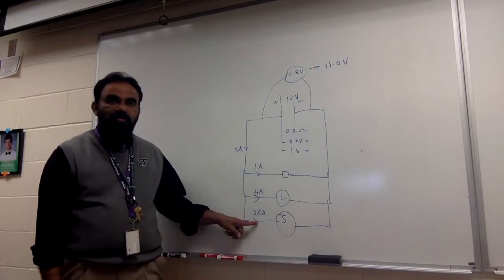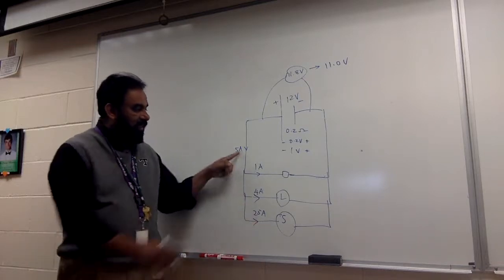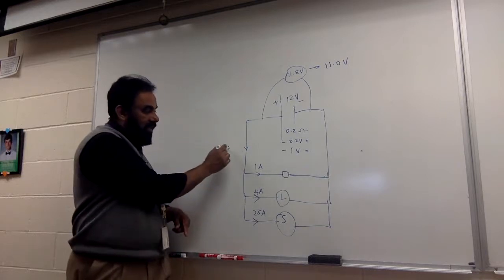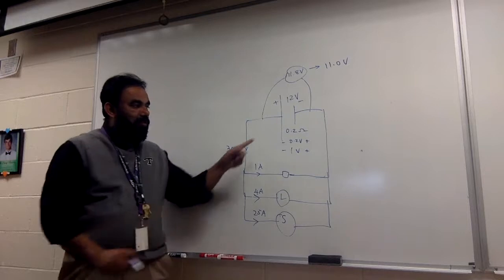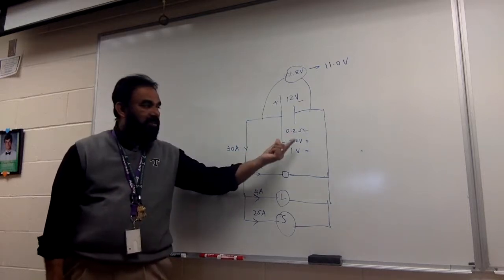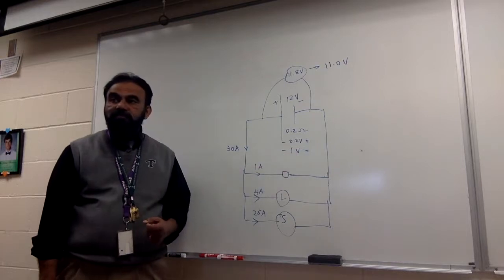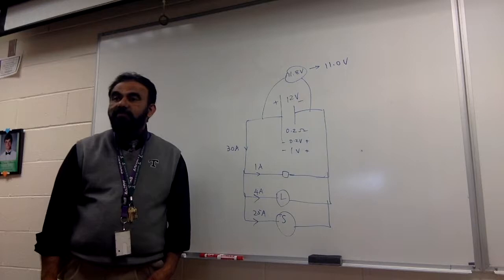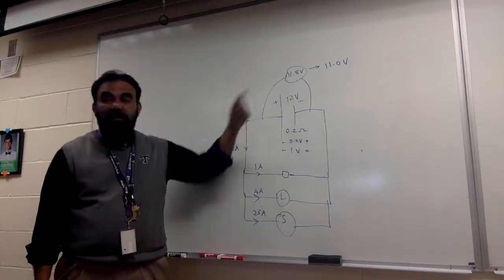So when the starter motor draws 25 amperes, what will be the current here? 30 amperes. How many volts will it cause? What will be the potential difference drop here? 30 times 0.2. 6 volts drop out of 12.